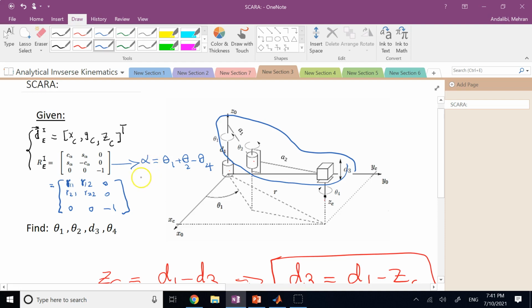So now from here, how can I find alpha? Well, for alpha, I need what? Sine alpha and cosine alpha, which is R21 and R11. That's alpha. And guess what? I have calculated my theta 1 and 2. Once I know my alpha by an arctangent from this matrix, then I can find theta 4.